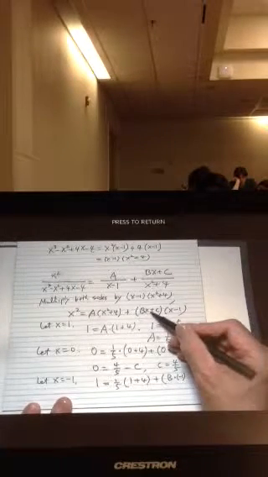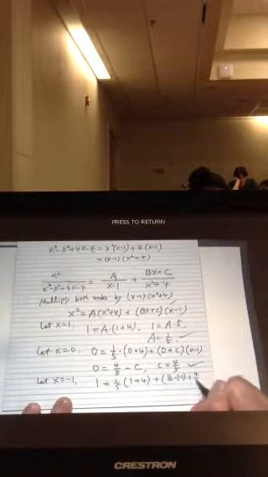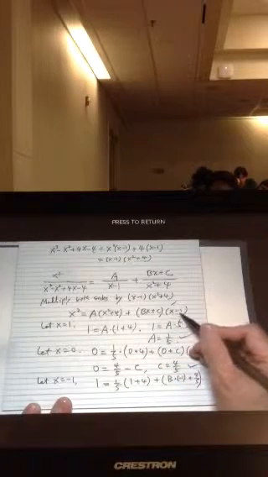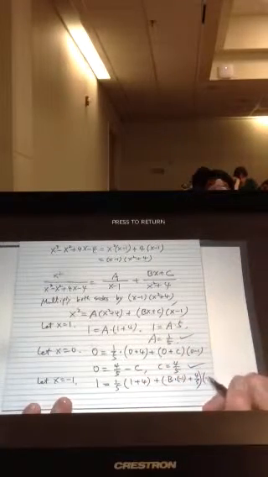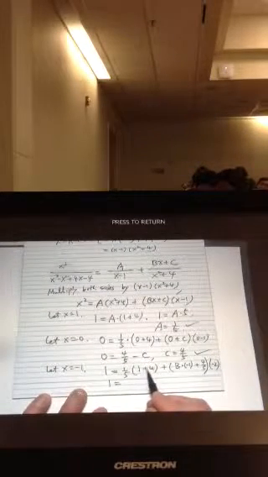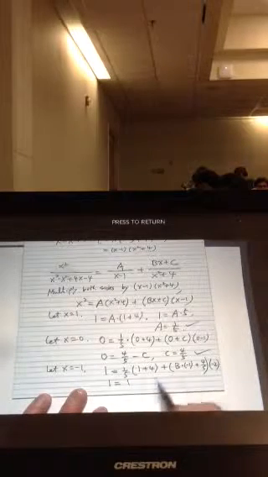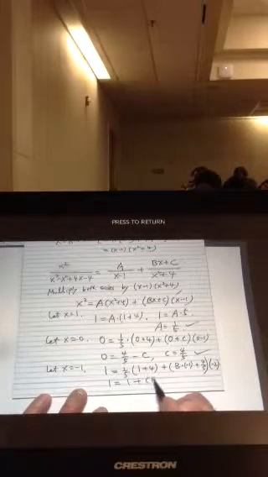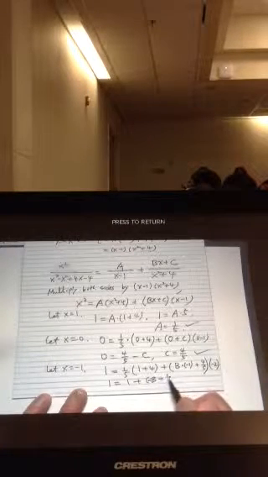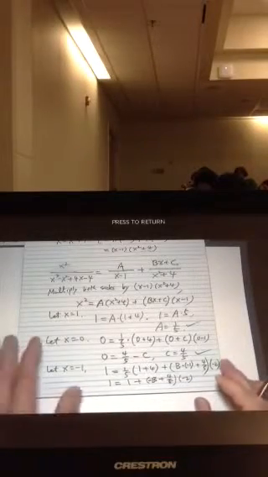C, I know, so 4/5, and x I know is negative 1, so negative 1 minus 1, negative 2. Okay? So it's 1 equals 1/5 times 5, plus minus B plus 4/5 times negative 2. Okay?